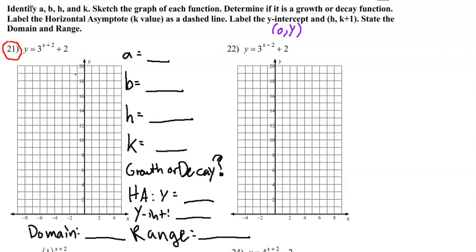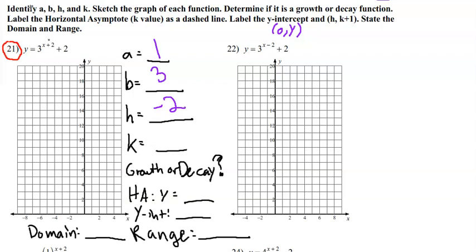All right, let's look at number 21 in our packet. We have y equals 3 to the x plus 2 power, plus 2. Our a is the number that's in front of the base. It's just 1 because there's no number there. The base is 3. The h is negative 2.